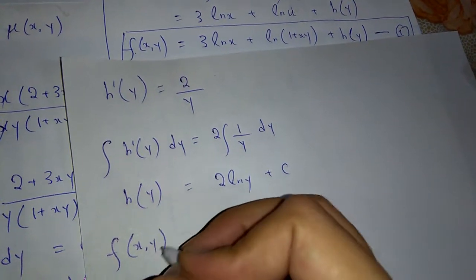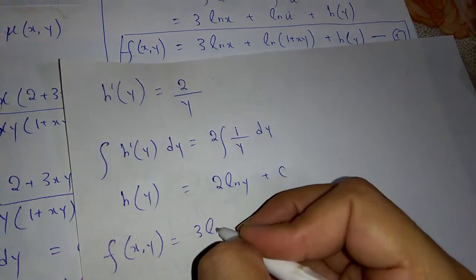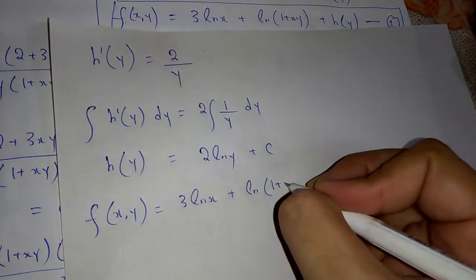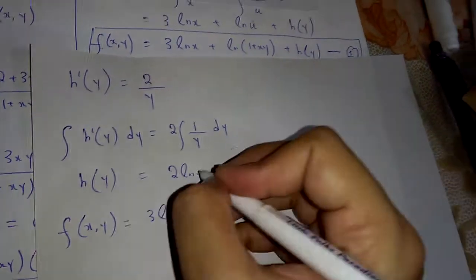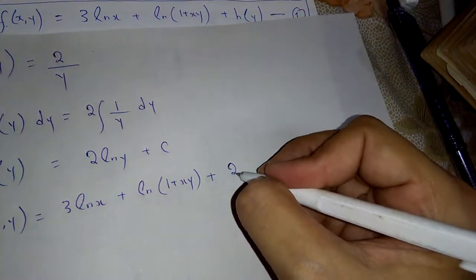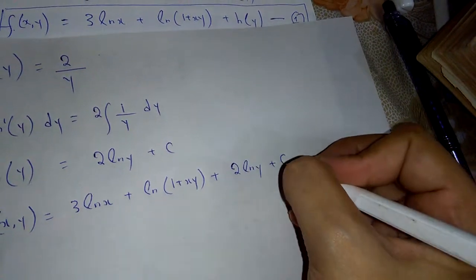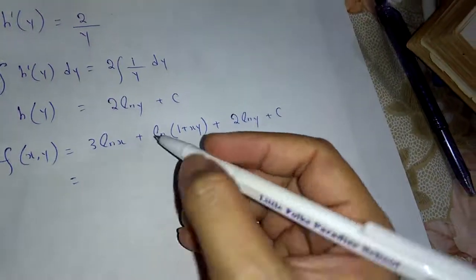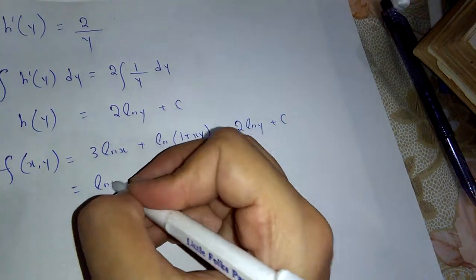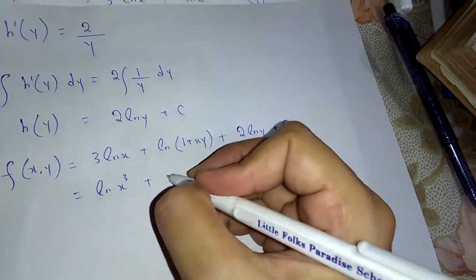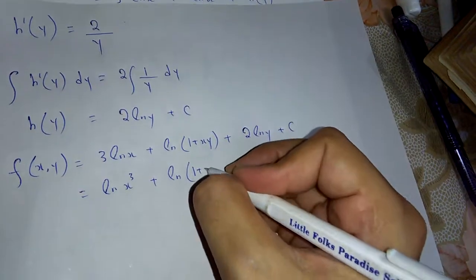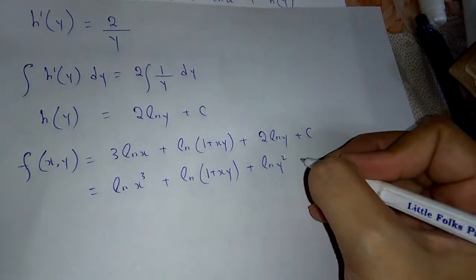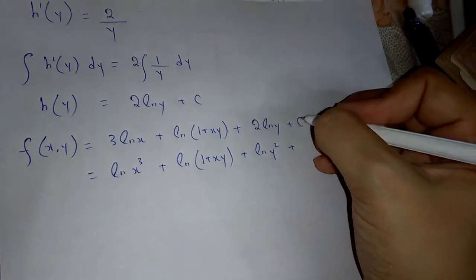So f(x,y) equals 3 ln x plus ln(1 plus xy) plus h of y, which is this, plus some constant. So we can reduce this stuff in this way. You can use here the basic laws of logarithms like this, and this is our constant.